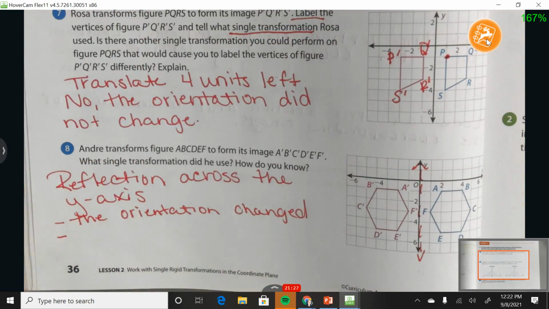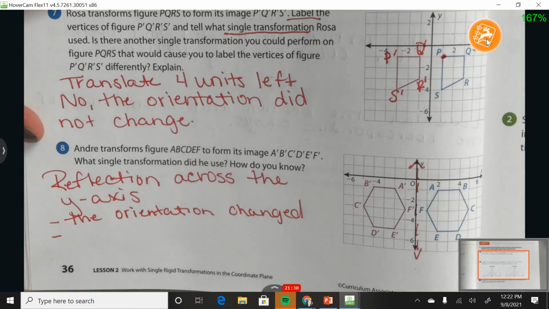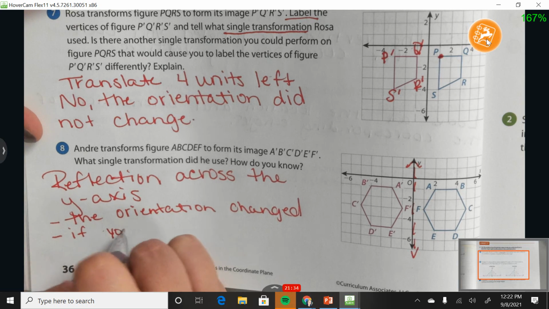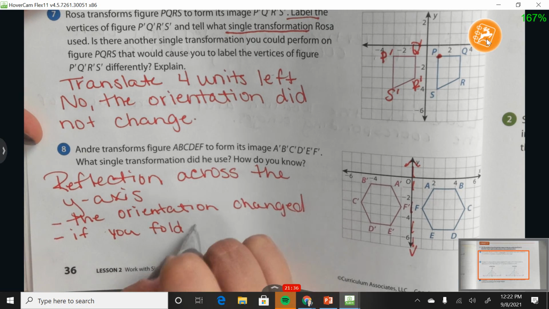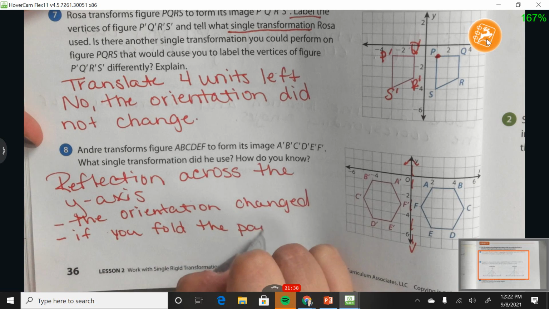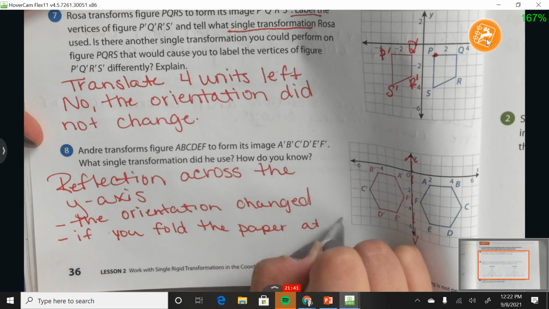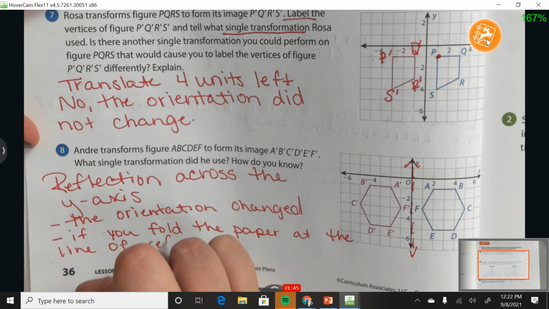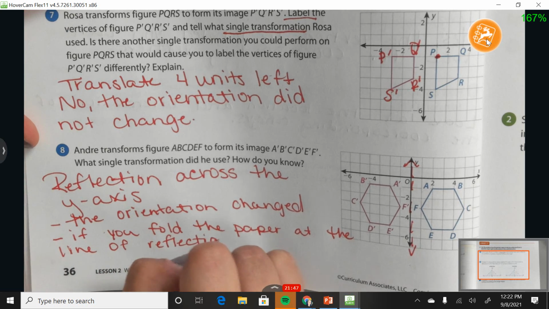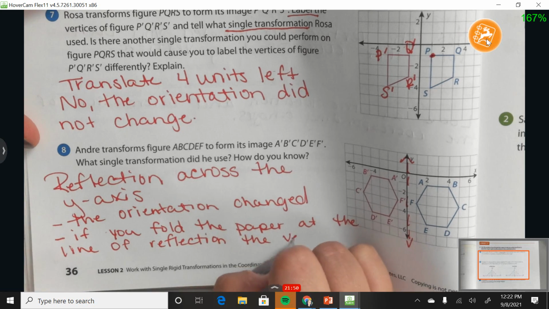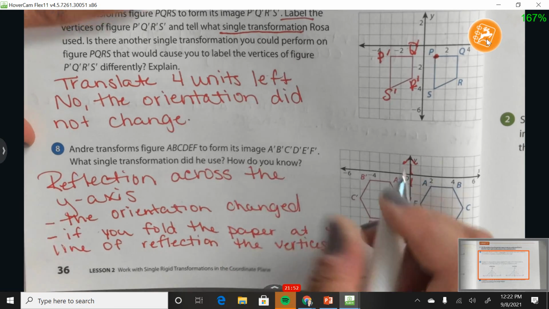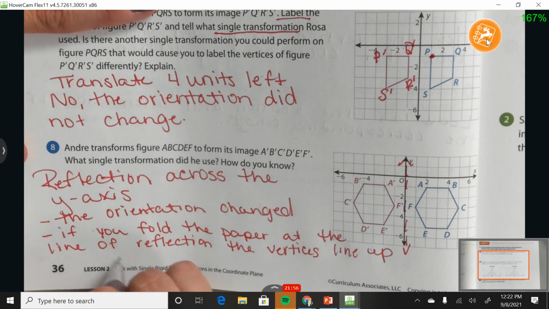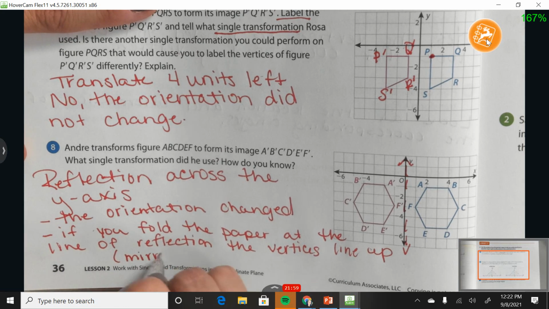Would the vertices line up at the line of reflection? So if you fold the paper at the line of reflection, the vertices line up.